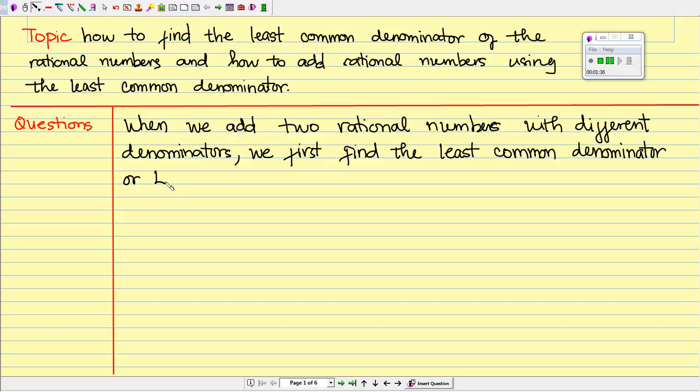Or the shortcut we call LCD. The L stands for least, C stands for common, and D stands for denominator. What is the least common denominator?